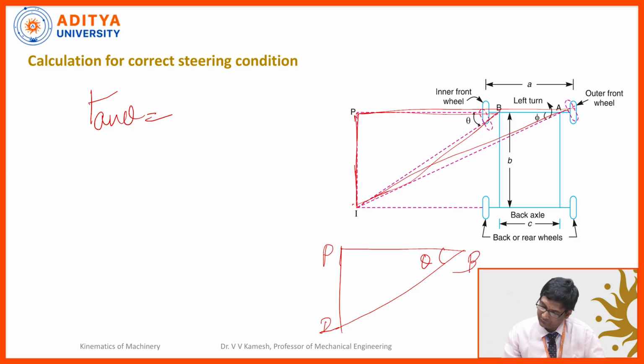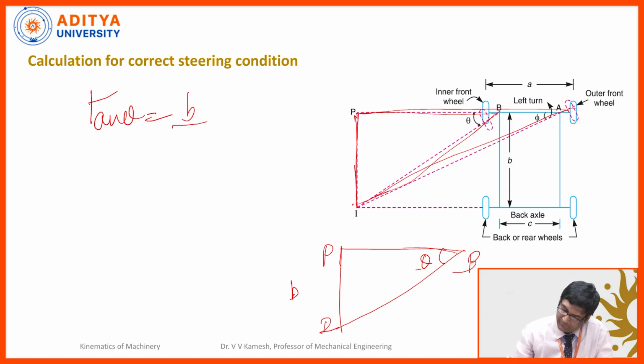What is tan theta? Opposite side by adjacent side, so this is small b divided by PB.